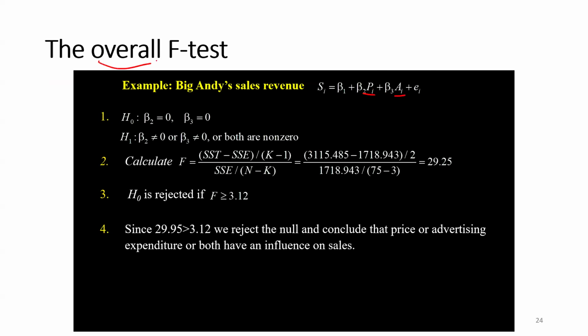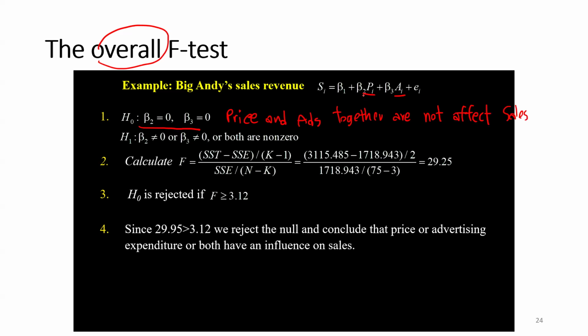We would like to do the overall F test, which means if we set both betas equal to 0, it means price and advertisement together do not affect sales, right?